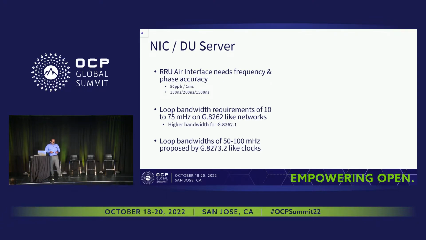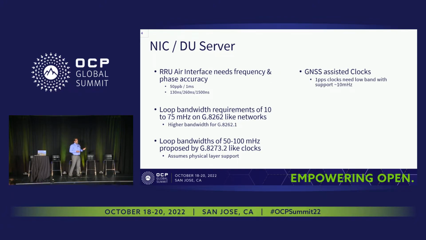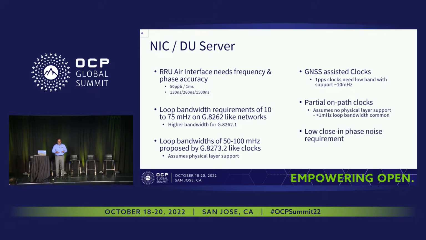Third, if you are looking at the G.8273.2-like clocks, which is basically the T-BC type and different classes of clocks, then we are looking at 50 to 100 millihertz. Is there a GPS coming into the system? Then probably we are looking at about a 10 millihertz filtering in order to support the GPS. If you have partial timing support that needs to be supported, then it goes into a 1 millihertz range of filtering mechanism. Those are on the synchronization.